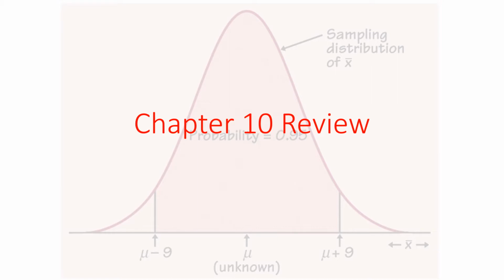We will be continuing to do the next few chapters, but before we get there, because they're all about inference and confidence intervals, I wanted to go back and review Chapter 10, which seems like it was so long ago, because Chapter 10 really set up the basis for the tests of significance and confidence intervals.